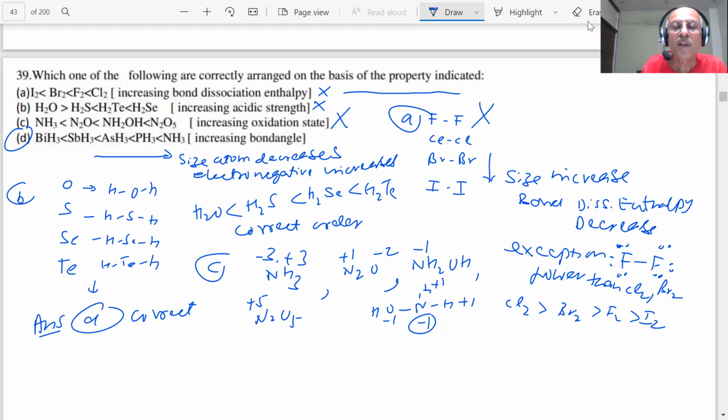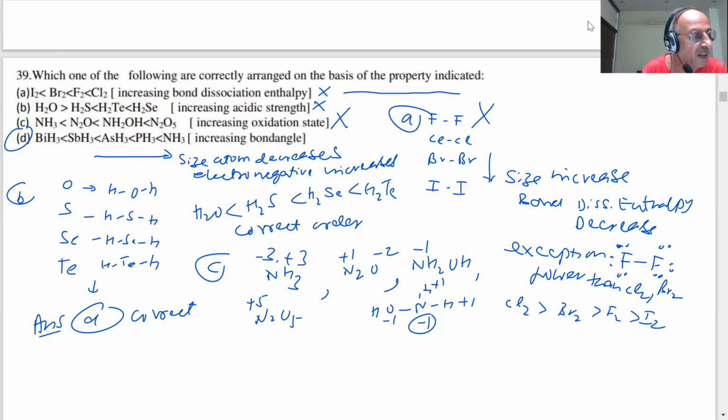What will happen? Then this nitrogen-hydrogen bond is more polar as compared to phosphorus-hydrogen. As you are increasing the sizes, this is becoming less electronegative, students. And when these bonds have a charge, they will repel, and what will happen? The bond angle will increase.